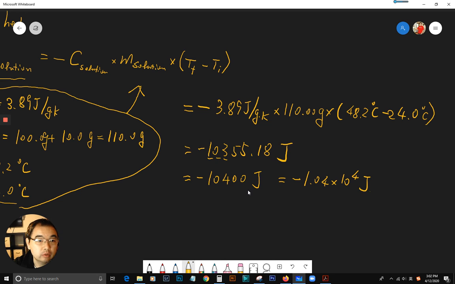Both are right. Also we have a negative sign, which means this is an exothermic reaction.